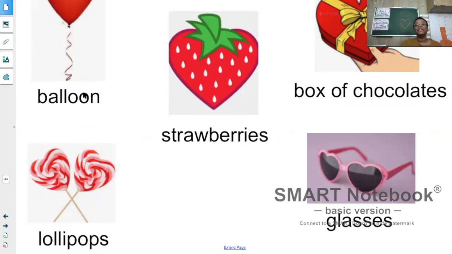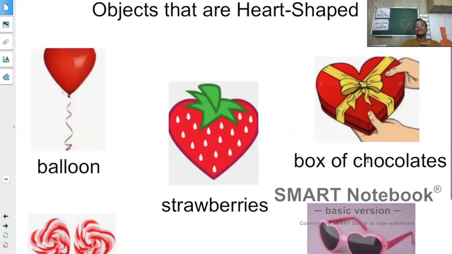They can come in many different shapes. Sunglasses can be heart-shaped. And also boxes of chocolate, right? On Valentine's Day, they're usually heart-shaped. So here are some of the items that I found that were heart-shaped. What did you find? Did you find some of the same ones as me?